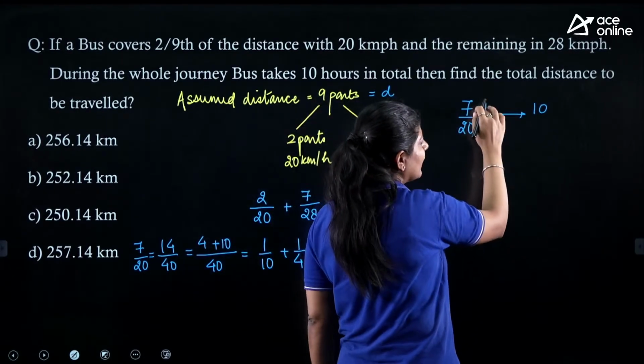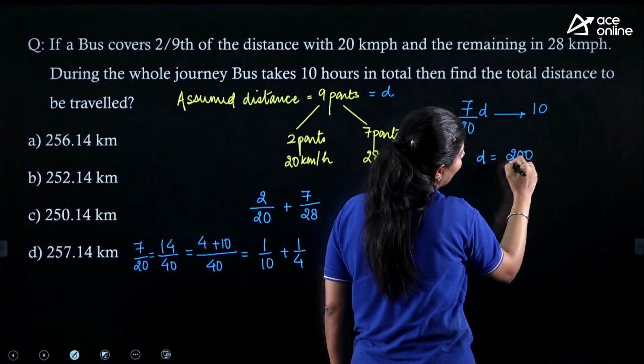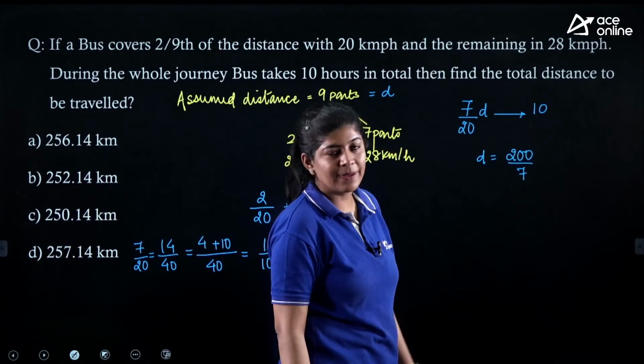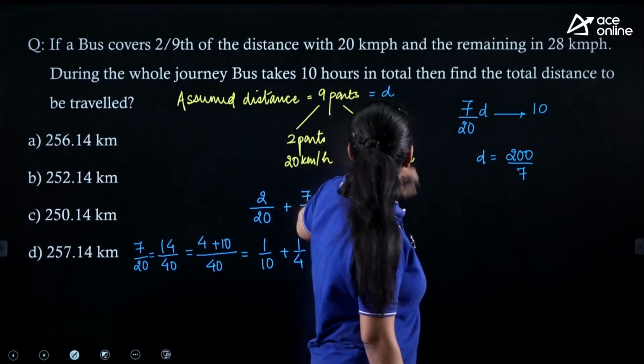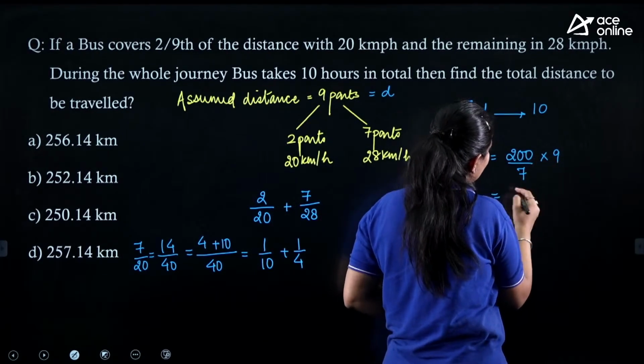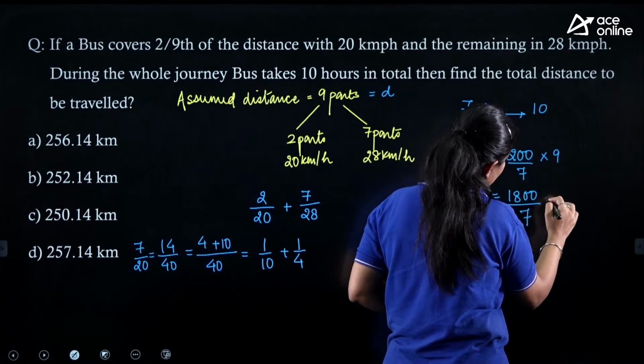Now if I want to calculate the total distance, this is nothing but 200 by 7, right? I can easily write it as 200 by 7, and the value that we have here is a total 9. So I am just going to multiply it by 9, and I guess we can now solve this, right?